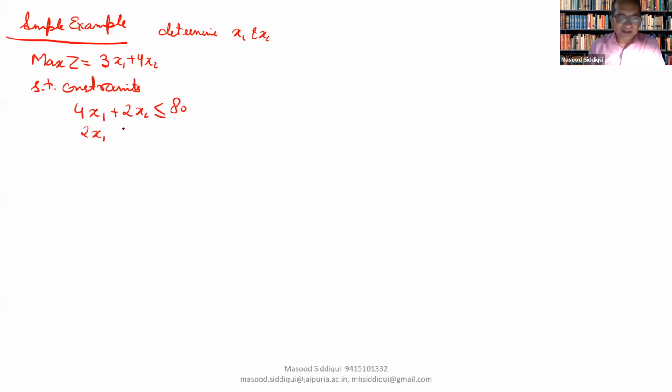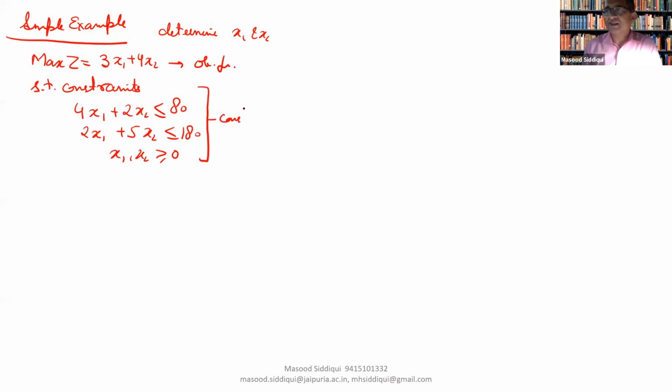We will take up more examples also. And x1, x2 are greater than or equal to 0. So this is our objective function, and these are the constraints or restrictions that are imposed. Now we try to find the values of x1 and x2, which means we try to solve this linear programming problem using the graphical method.